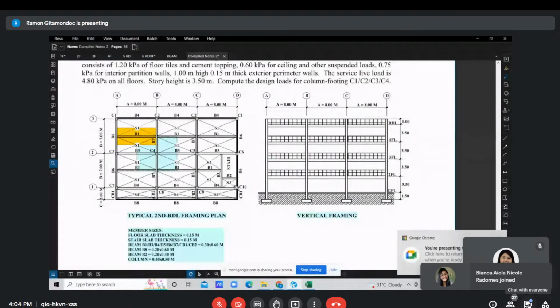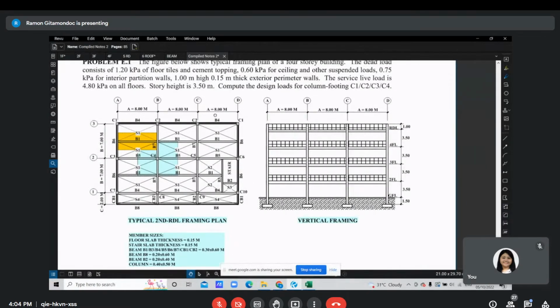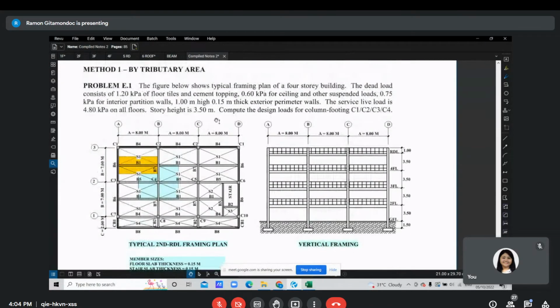So we will just assume that it is typical from second to roof deck level. So the figure below shows a typical framing plan of a four-story building. The dead load consists of 1.2 kPa of floor tiles and cement topping, so this is a combination already. Then 0.6 kPa for ceiling and other suspended loads. Then 0.75 kPa for interior partition walls.